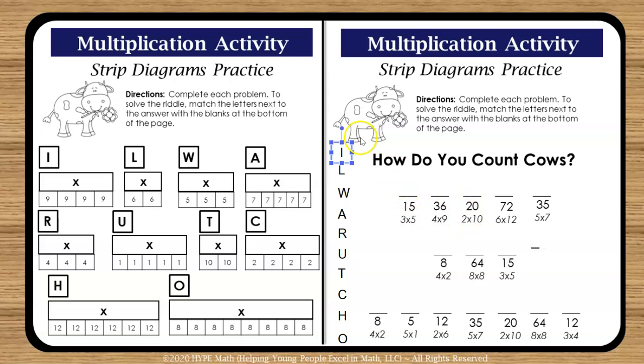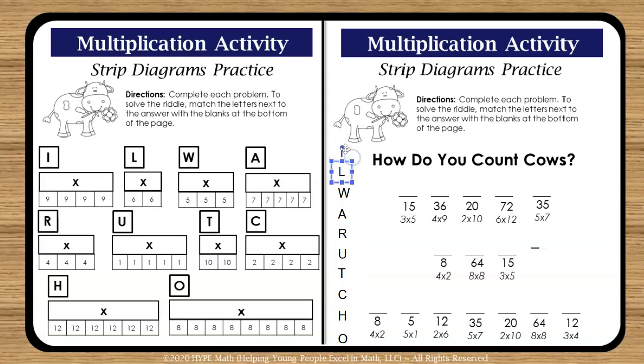So right here, let's say that your student didn't know what 4 times 9 was. What I did to start off is here you see the multiplication facts. It's 36, didn't know that, but I do know it's 4 times 9. Oh, I grabbed the wrong one.